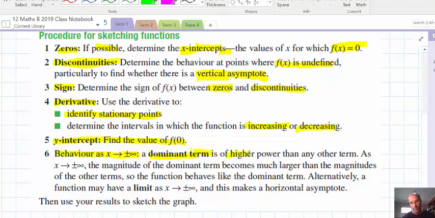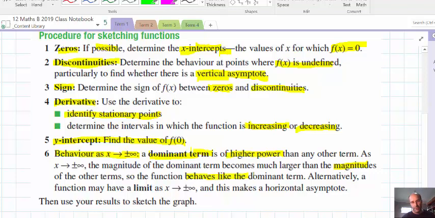In a polynomial, it's the term with the highest power. So if it's a cubic, the cubed term is the dominant term. Its magnitude becomes much more influential, because once you substitute values in, its magnitudes are far greater.